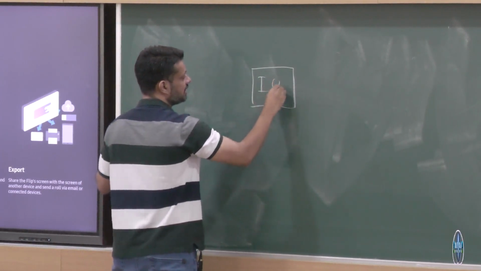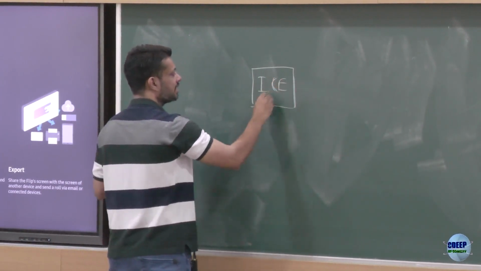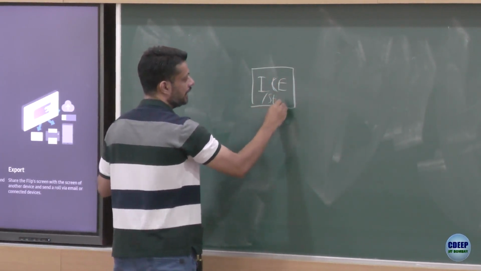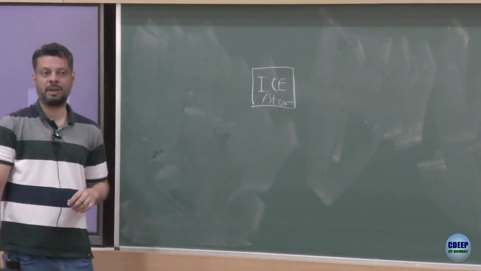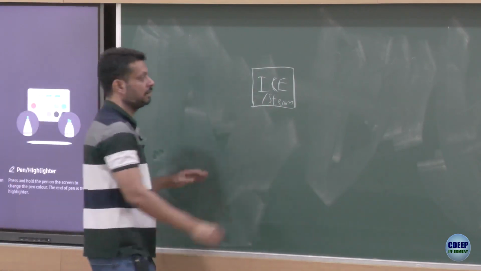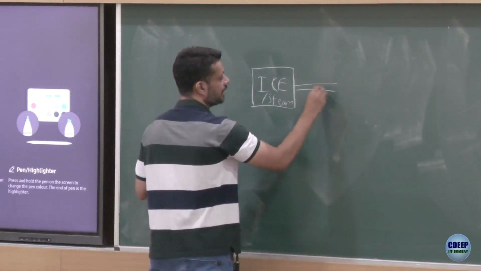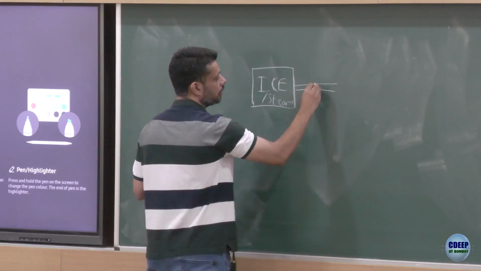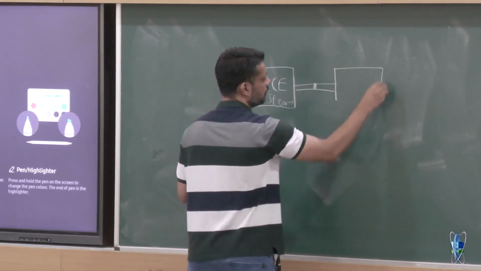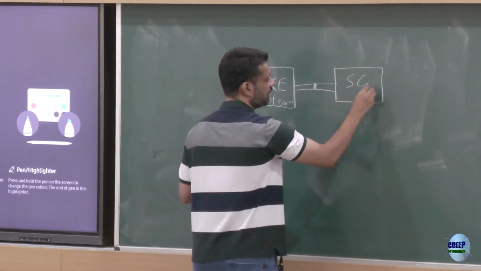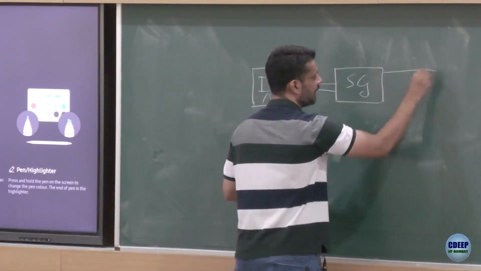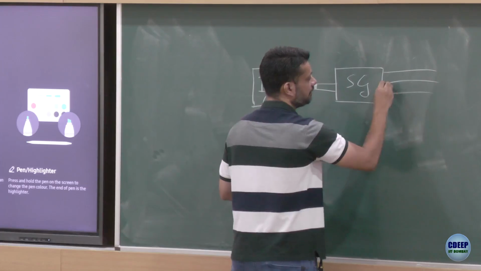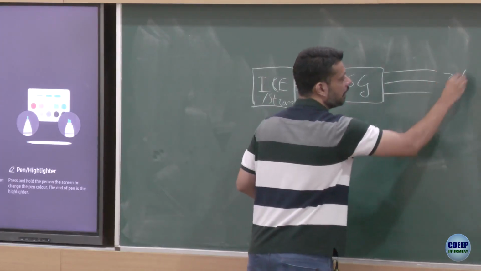an internal combustion engine, or it could be, let's say, a steam turbine, right, anything. It could be a steam driven turbine, or it could be an internal combustion engine which is mechanically coupled to your synchronous generator, right, and this synchronous generator has these 3-phase output.